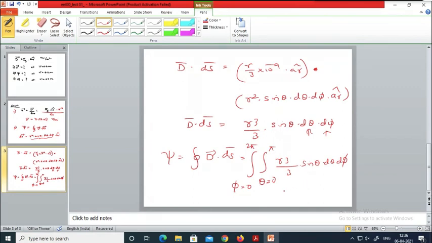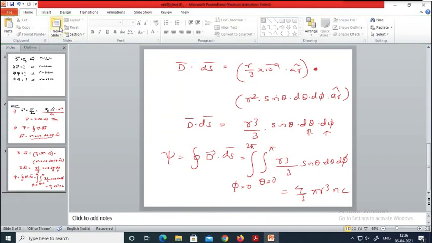If you solve this, you will get 4 by 3 pi r cube nanocoulomb. What is 4 by 3 pi r cube? Volume of the sphere. Exactly, that is what we have derived now.